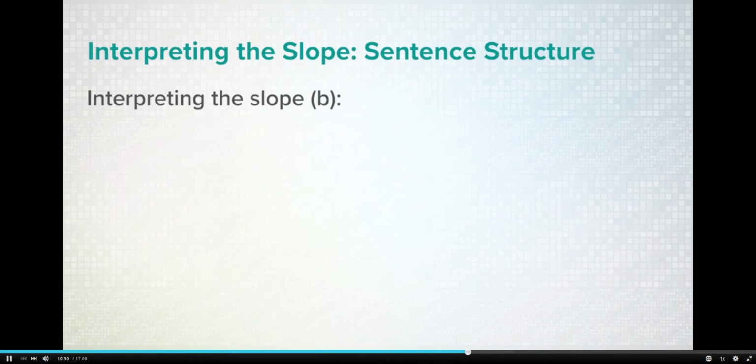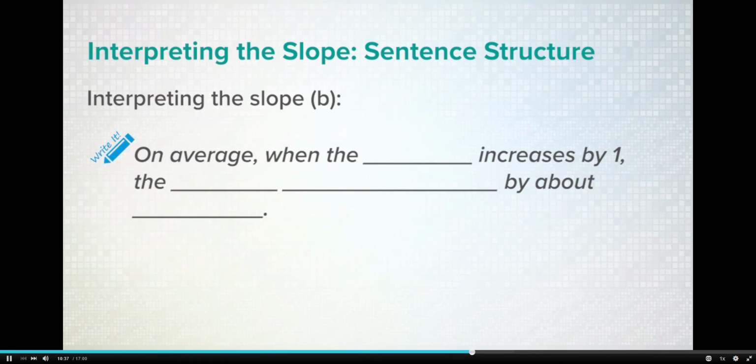Let's make a sentence frame for this that we can put in our notes to use in any situation. On average, when the blank increases by 1, the blank by about blank. Let's fill in those blanks for your sentence frame.